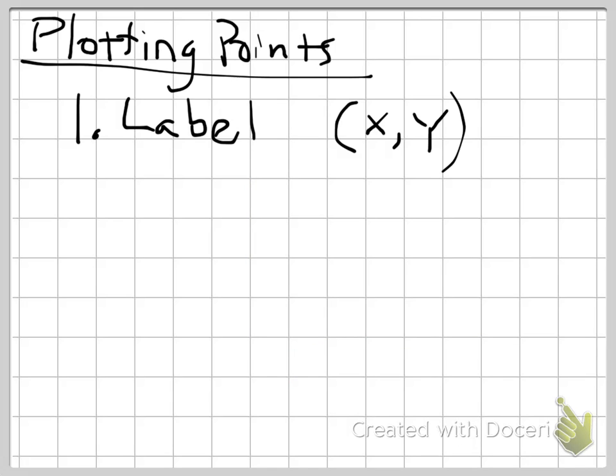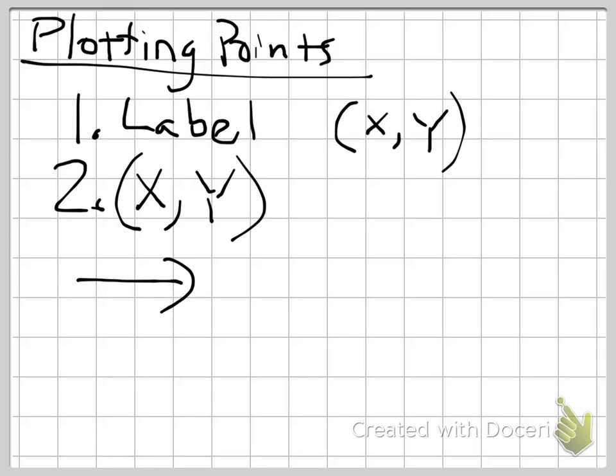So I'm always looking for how big I need to make my graph and what points I should include. The second piece that we need to remind ourselves of, and this is already on this page here, is that our coordinate points always come out X first and Y second. Our X coordinate is always going to go left or right on the coordinate plane.